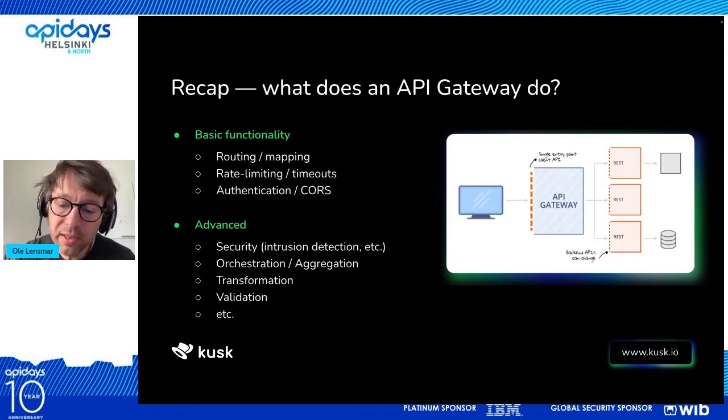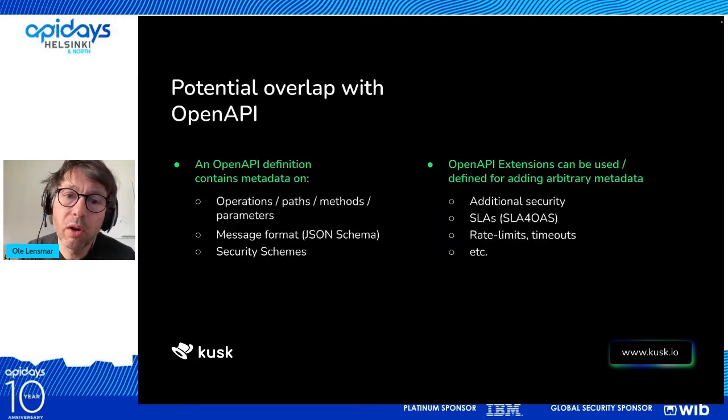One thing that has struck me as I've seen both the gateway world and the OpenAPI world evolve is that there's an obvious overlap here. Your OpenAPI definition contains a bunch of metadata that the gateway itself uses to do its thing, right? There's operations and paths and methods.